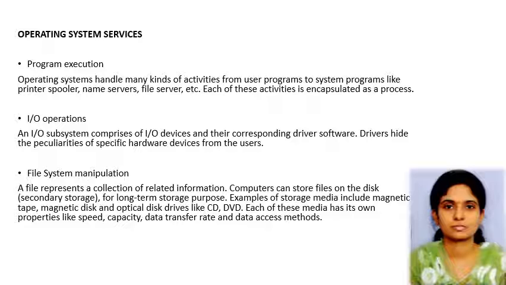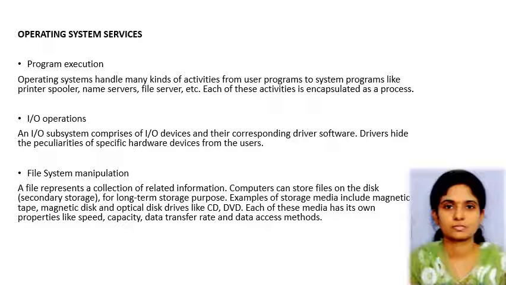Next we'll go to file system manipulation. You all know what a file is: it represents a collection of related information. Computers can store files on the disk. Initially the files are stored in secondary storage. For long-term storage, secondary storage media like magnetic tape, magnetic disk, and optical disk drives like CDs, DVDs, etc. can be used to store the files.